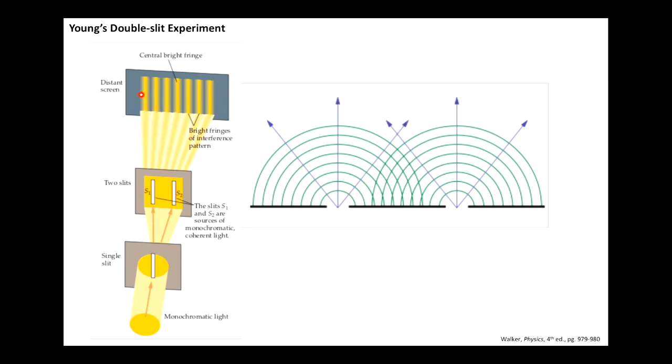And that happens everywhere across the screen. No matter what location I am here, light had to travel two different distances from those two slits to get to a point. Meaning, depending on what that difference in distance is, sometimes I'm going to get the waves adding constructively, and sometimes we're going to get the waves completely destructing each other and canceling out.